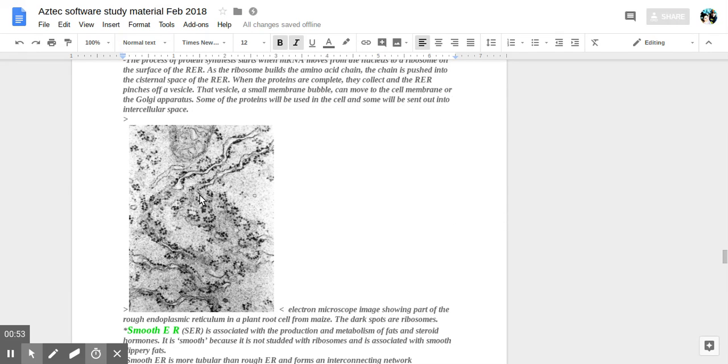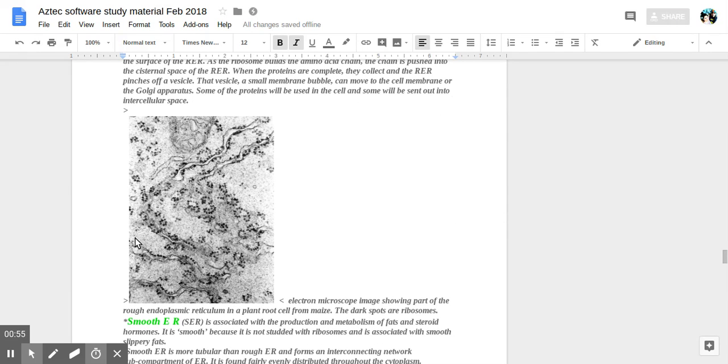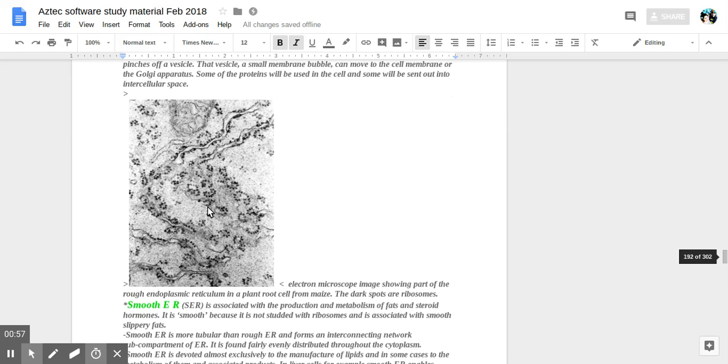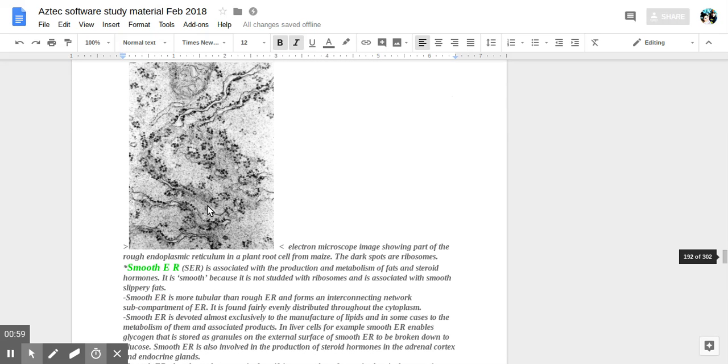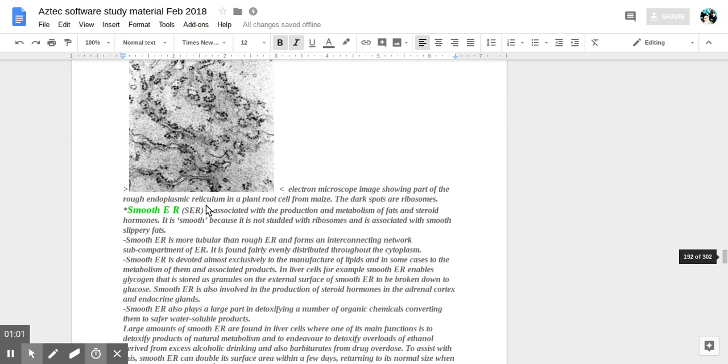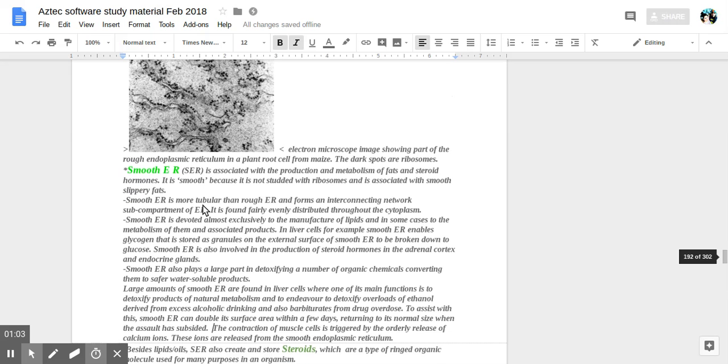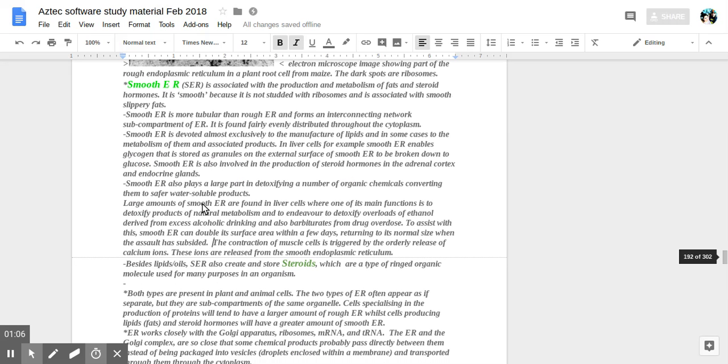Here you see a micrograph with the ribosomes, which are the darker spots on the folds. The smooth endoplasmic reticulum doesn't have ribosomes, but it does have folds and is contiguous with the rough ER.